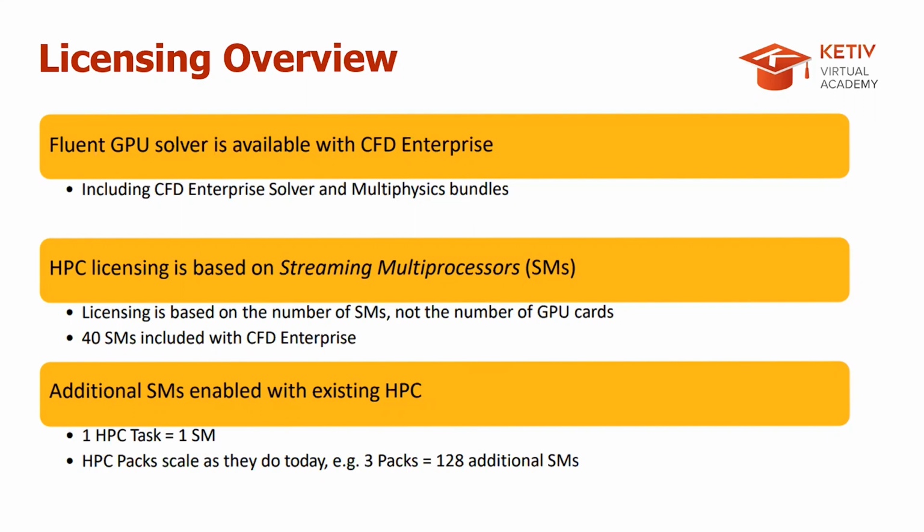So if you already have HPC packs or HPC workgroups, then all you need to know is how many streaming multiprocessors do my GPUs have in total? And you would be able to leverage your existing HPC to work with them. You don't need anything extra. They're highly compatible with the HPC licensing architecture in Ansys as of today.